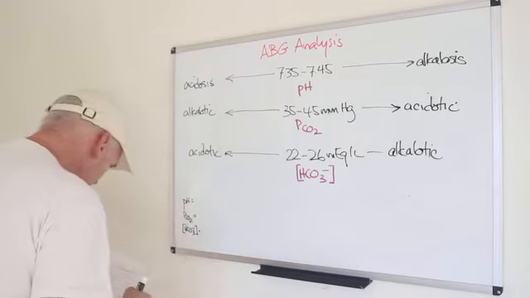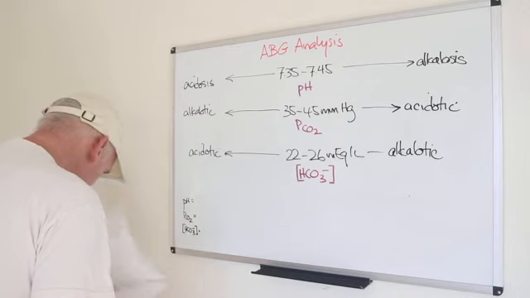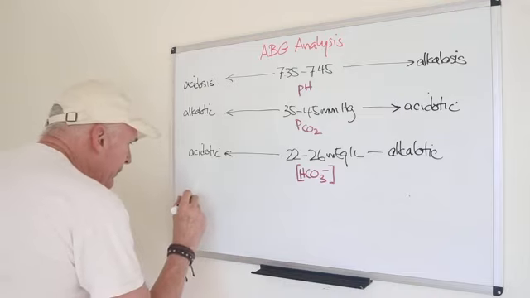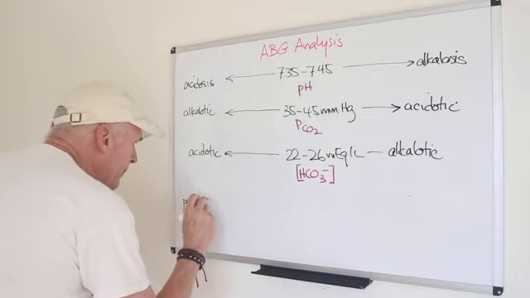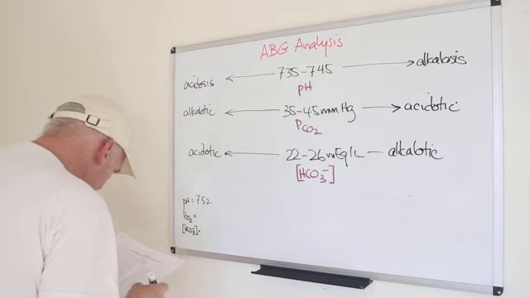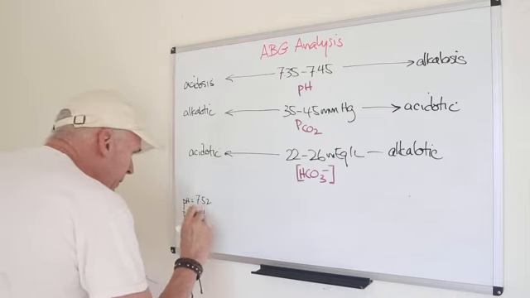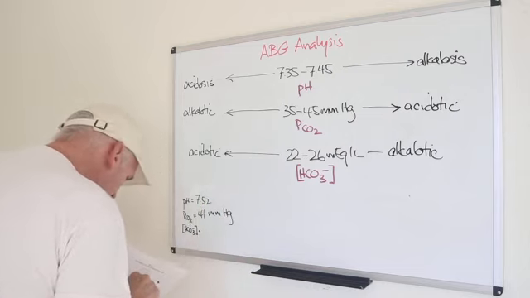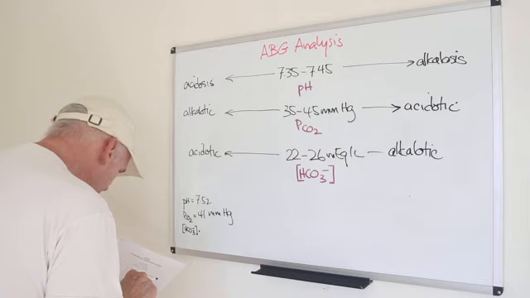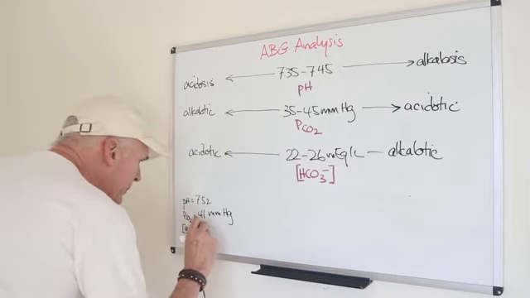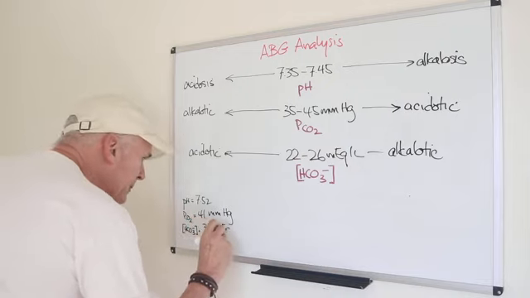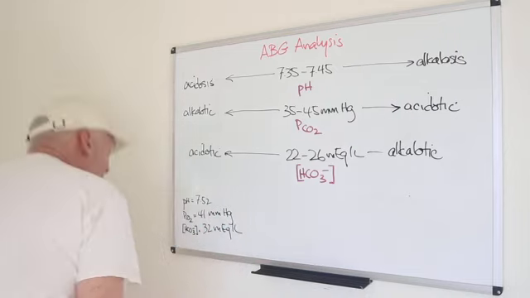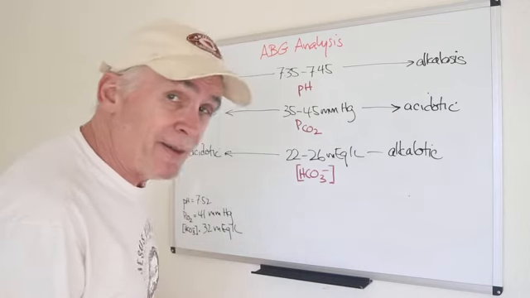Use the next set of numbers. Let's try a pH of 7.52, a partial pressure of CO2 of 41 millimeters of mercury, and a bicarb of 32 milliequivalents per liter. All right, let's see one more time just how easy this is.